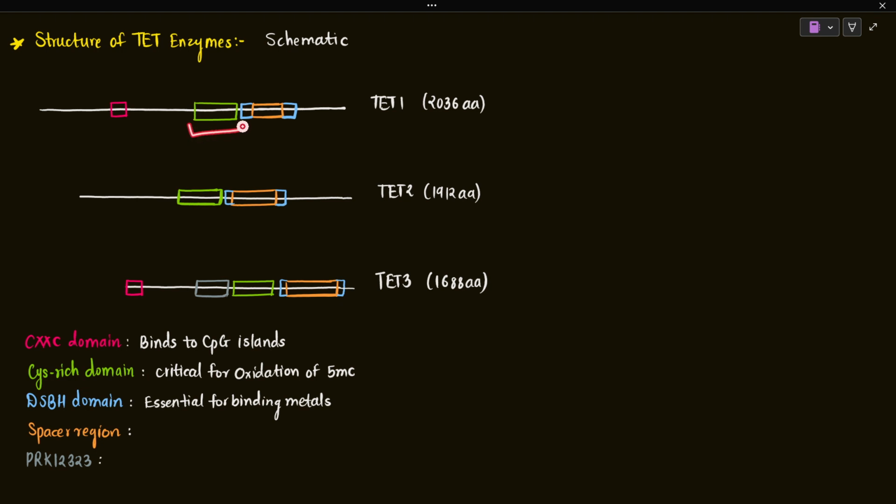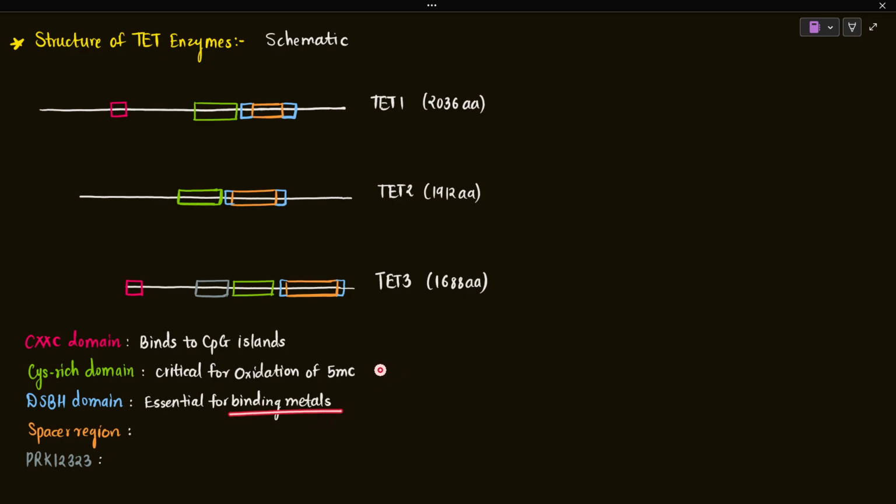The green domain is the cysteine-rich domain, and it is very important for the oxidation of 5-methyl cytosine. So 5-methyl cytosine is converted into 5-hydroxymethyl cytosine, and for this oxidation the cysteine-rich domain is crucial, while the DSBH, double-stranded beta helix domain, is essential for the binding of metals.